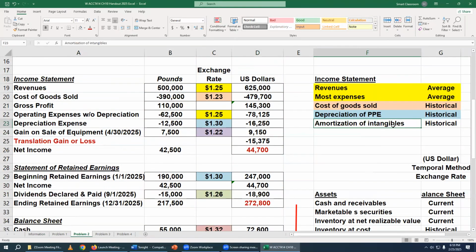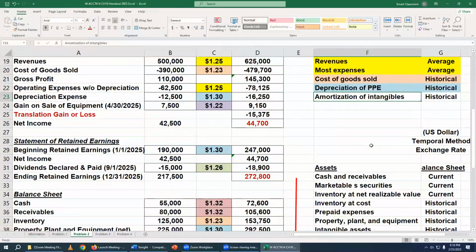Yeah, so this is the temporal method, and the temporal method is considered to be when it's in US dollars, so interlinked in our cash flows that we take the cash directly into our US accounts. And that's why these are actual gains and losses in here.